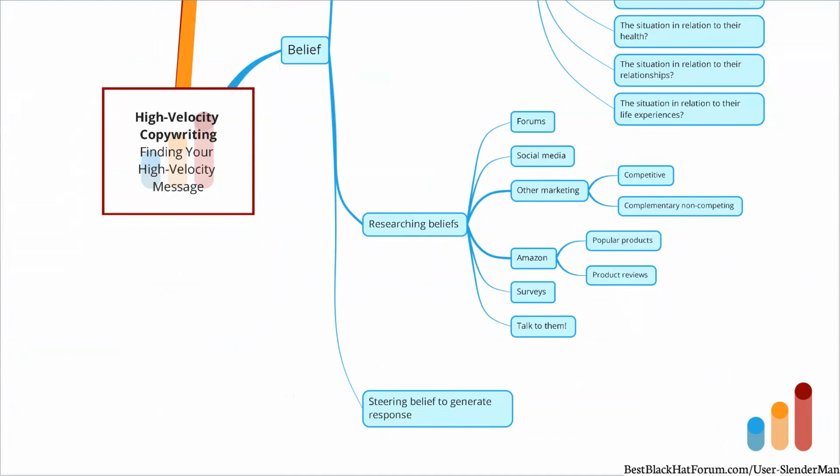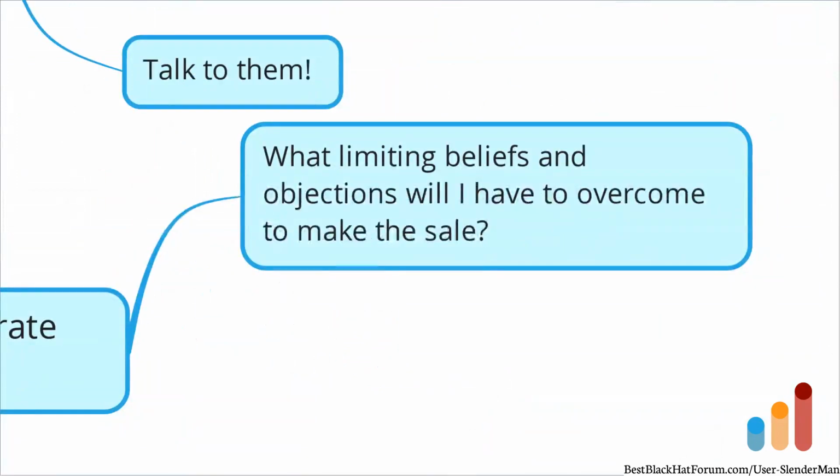Now, how do I get you on board with that and get you interested in whatever product or service I am going to present? And this really is the crux of great copywriting.